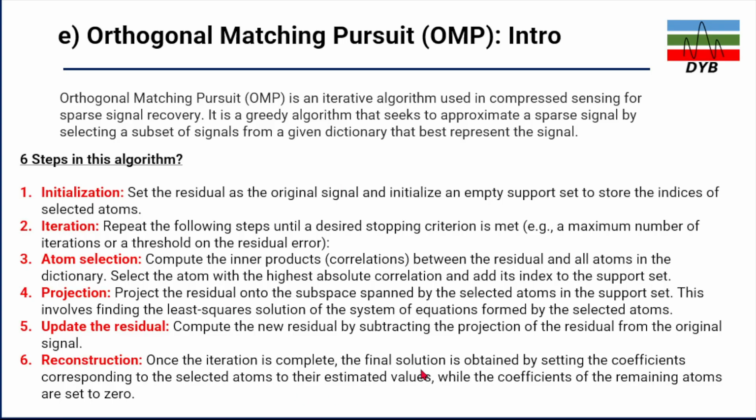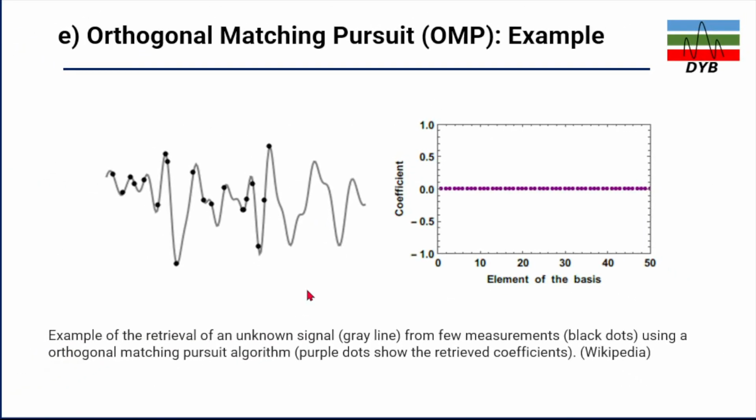Verbally it is a little bit confusing, but if you look at the example here, it is applied to one signal. Let's say you have the signal shown in this red dot. It takes the point here and generates using the orthogonal matching pursuit algorithm.